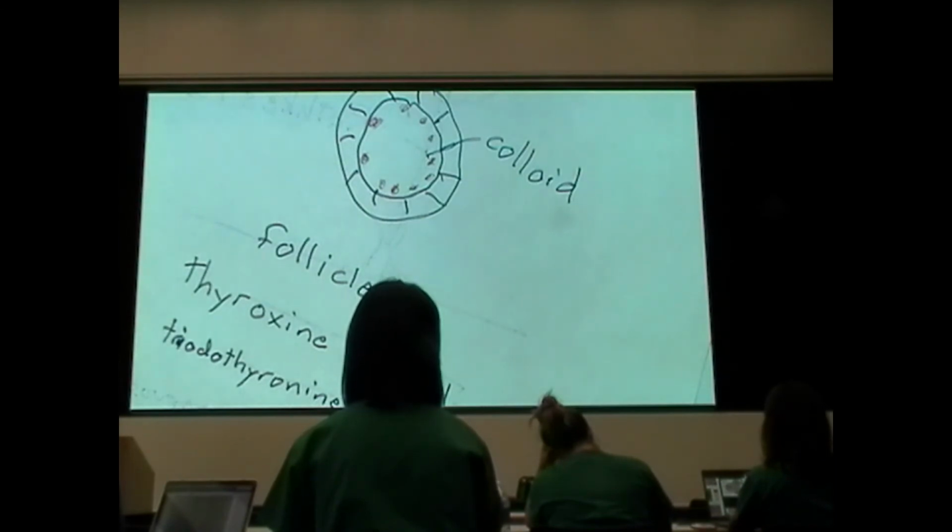If there is no iodine, what happens? Well, cannot make thyroid hormone. The pituitary recognizes that there's not enough thyroid hormone. So it stimulates the thyroid to go ahead and try to make it.